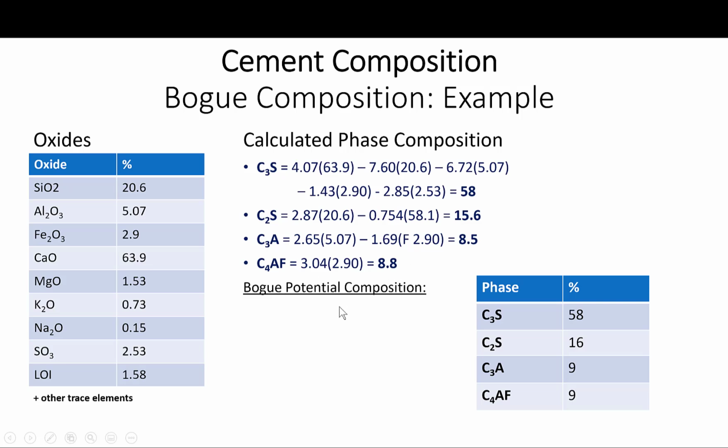This is what we refer to as Bogue potential composition, because the exact composition sometimes determined from a direct method such as the XRD will vary. Okay, but this is very convenient, and it's a very powerful tool, actually. I mean, we have to give a lot of credit to Mr. Bogue for developing these equations, which have been used for years and years.